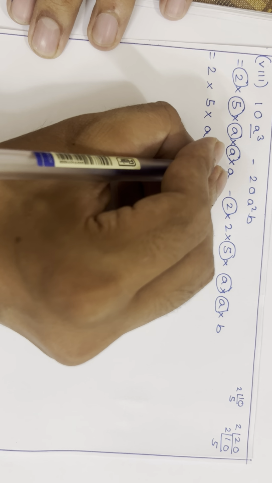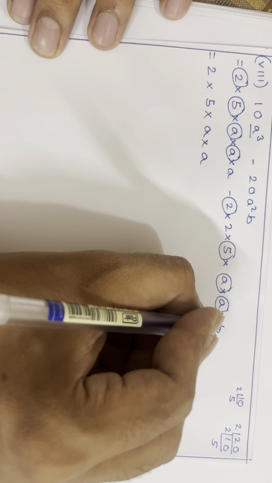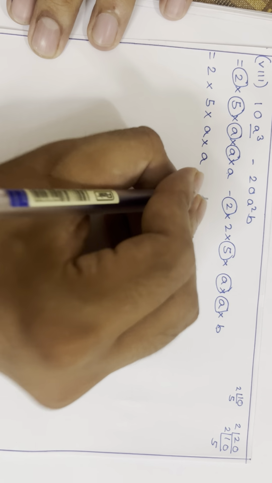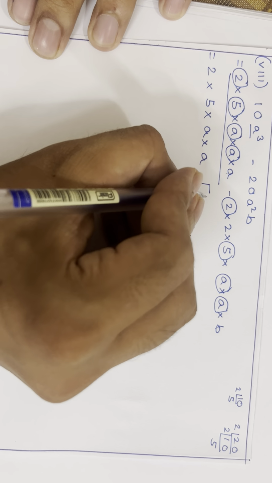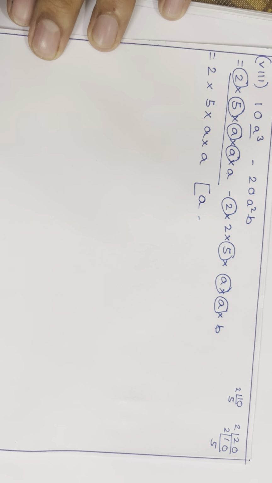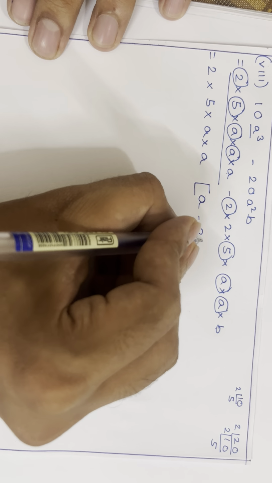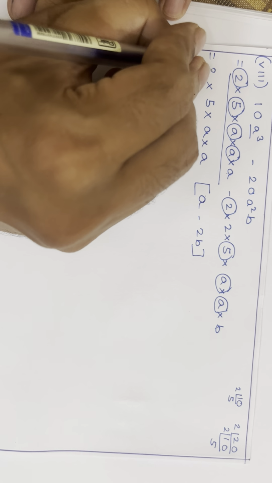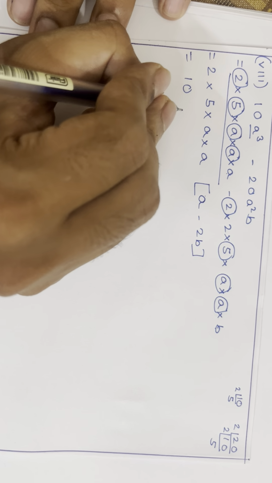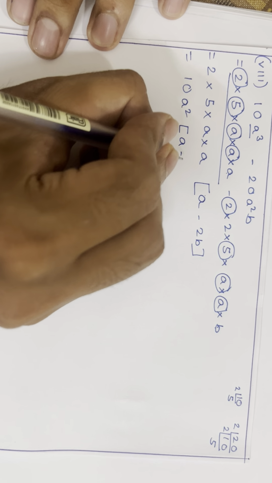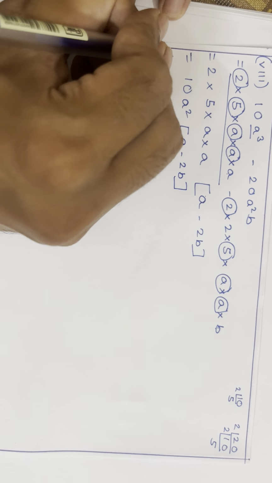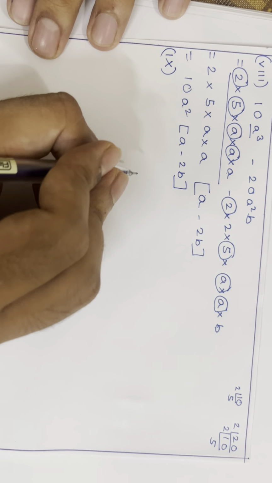Now a is here and b is here. A is not here, b is here, b is not here. So now I will write in the first term what is remaining. We are left with a. In the second term we are left with 2b. So we have 2 5s are 10. A into a is a square. A minus 2b.